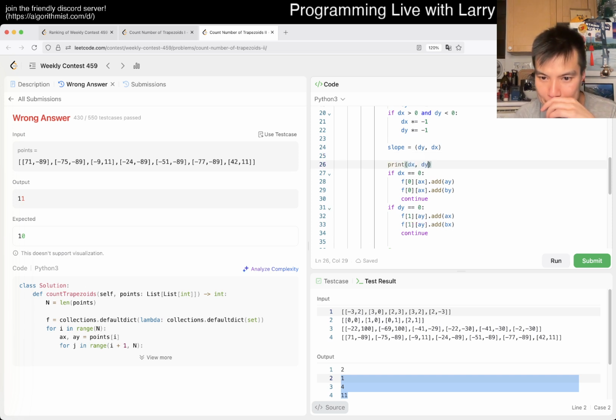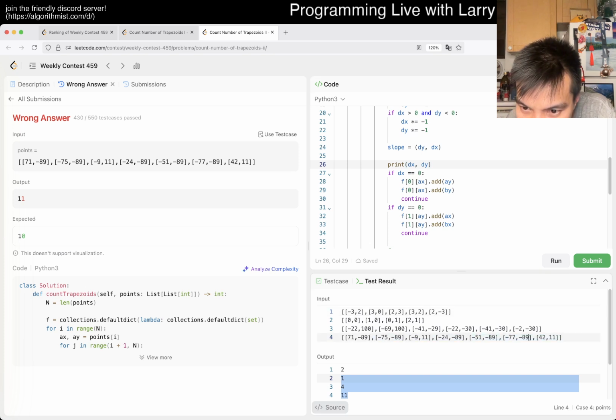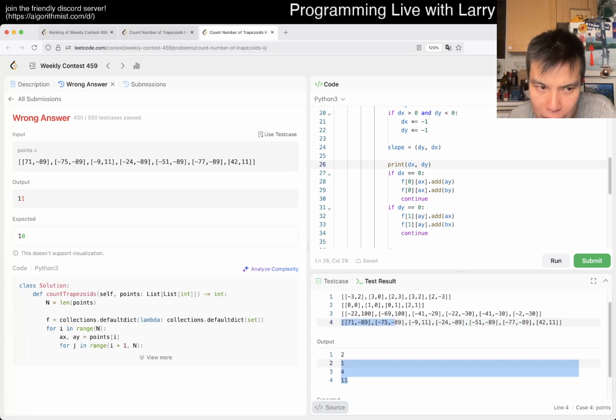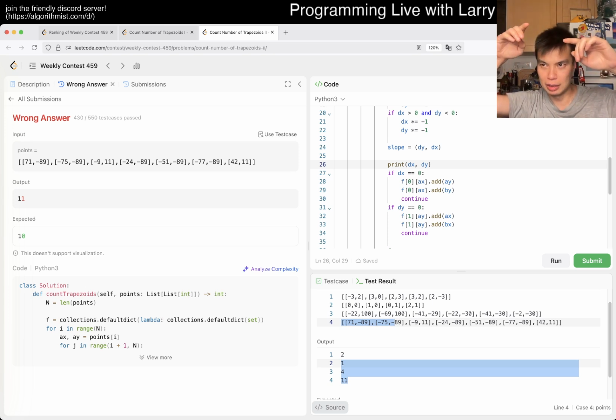Why? There are a lot of collinear points, so maybe that's why. I have 11, even though it seems like we have a lot of points on the -89 xy, yeah, -89, and then 2 points on 11, so it's going to be 2.